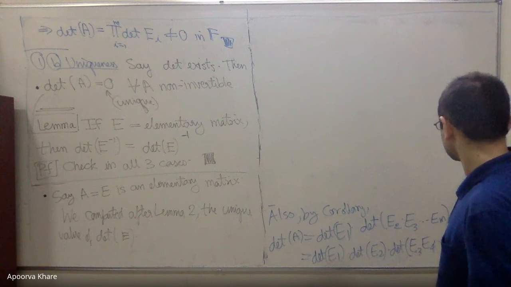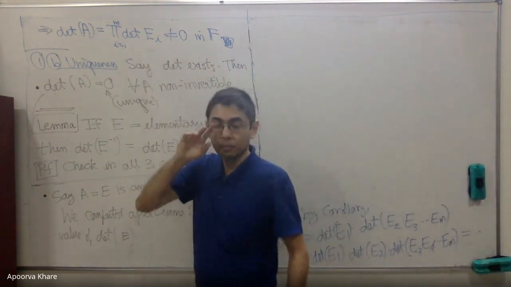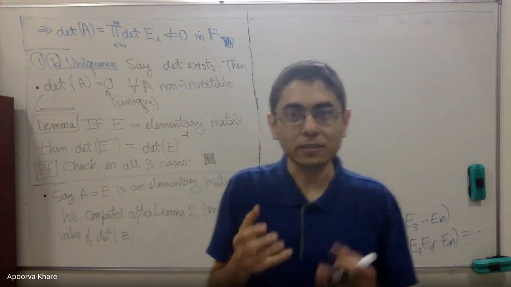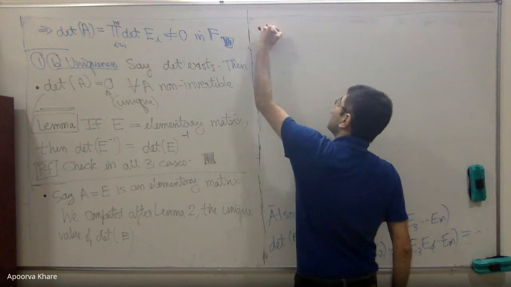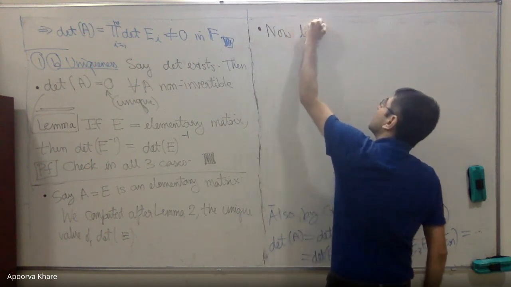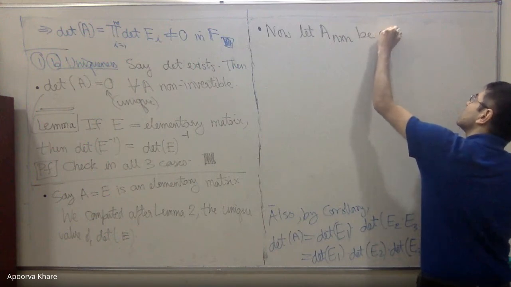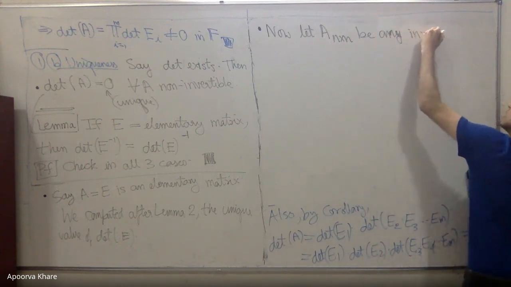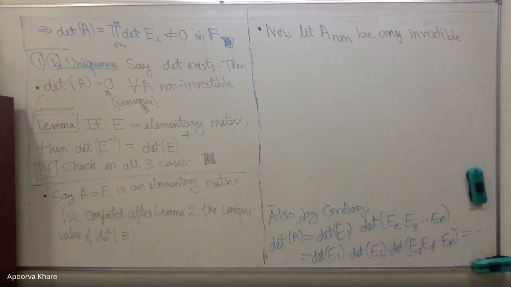It's obvious what that value must be. It's mentioned here, but let me prove that it is unique in the sense that it's well defined as well. So okay, now take any general invertible matrix A, any invertible matrix.